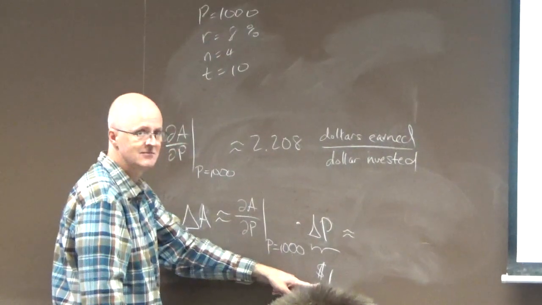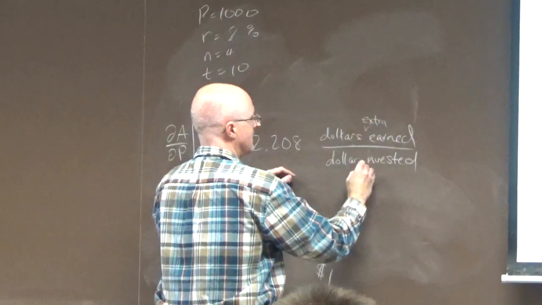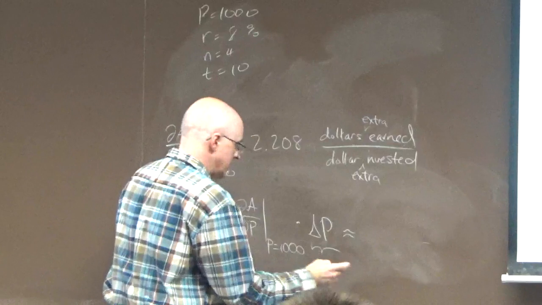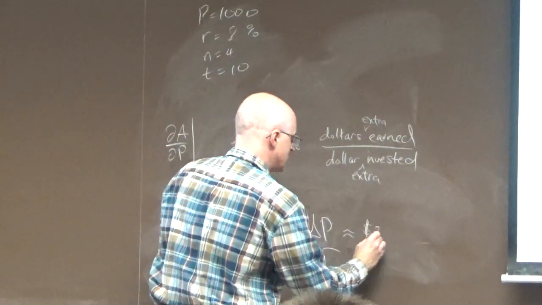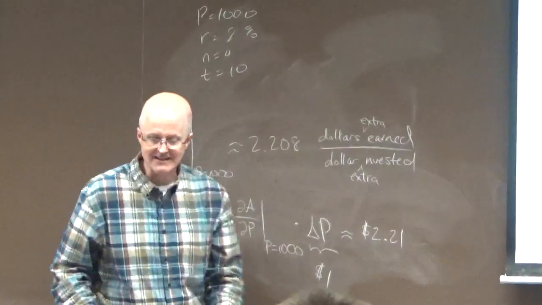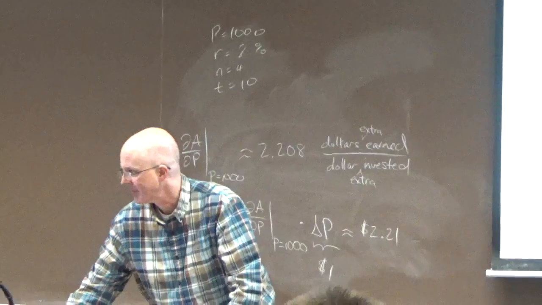Extra. Maybe adding the word extra in there. So multiply that times 1, that's going to be $2.21. If I deposit $1,001, I should expect that to be close to the balance.